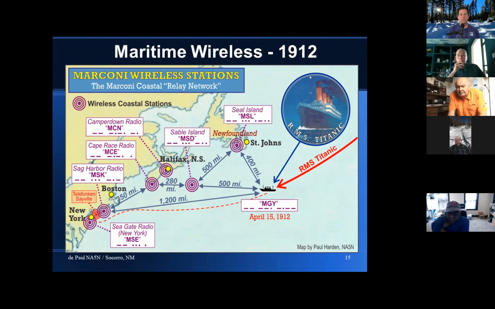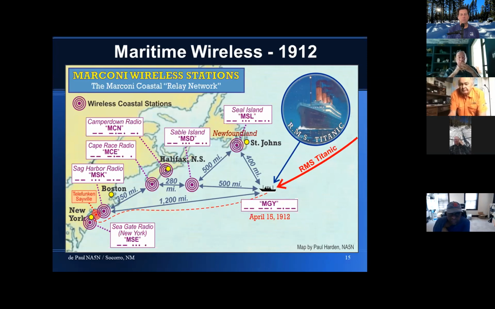It would send it to Seal Island or Sable Island, which are both off of Newfoundland and Nova Scotia. They in turn would relay the message to Campertown or Cape Race, and those in turn would pass it on to New York or Sag Harbor radio.